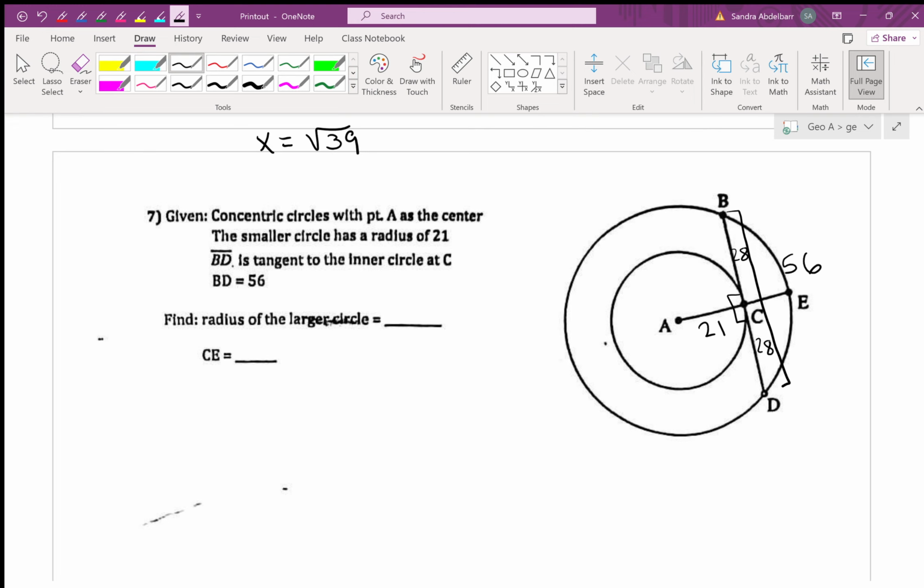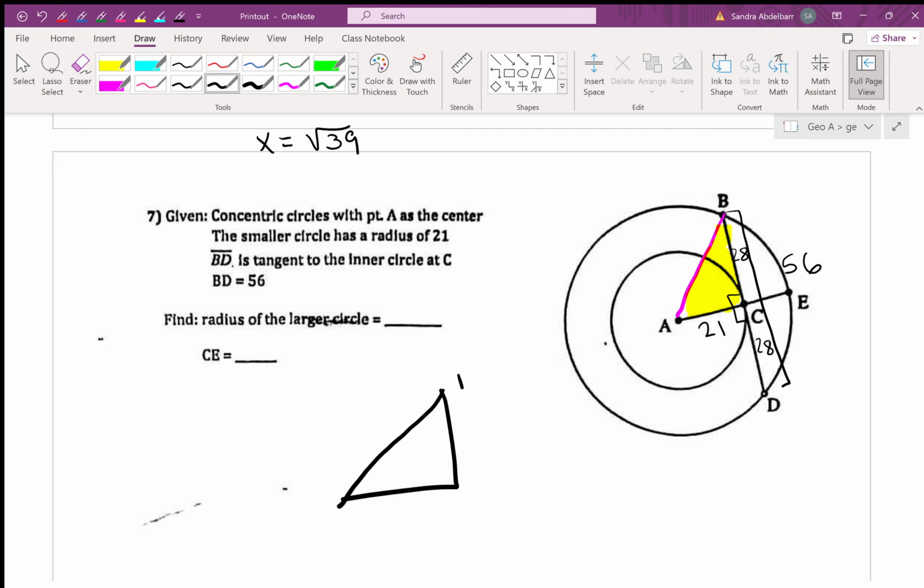Find the radius of the larger circle. I'm going to go ahead and I'm going to draw BA. You could have also drawn AD. It doesn't matter. So I'm now using this triangle. I'll redraw this triangle so it's not as blurry.